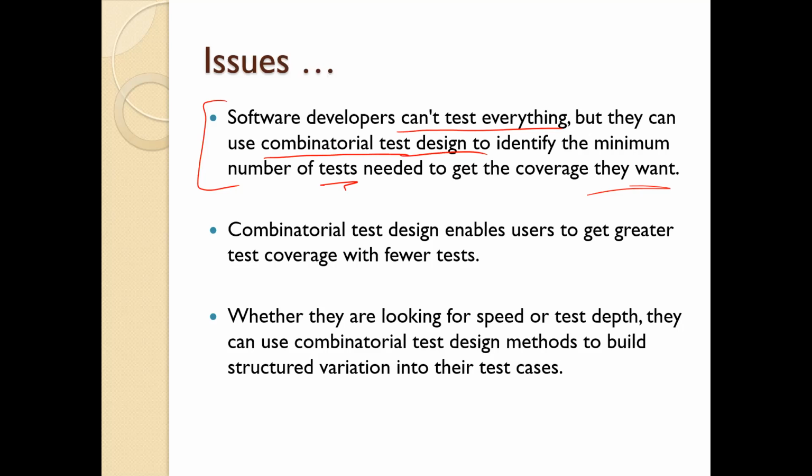That's similar here. You don't have to test everything, but because you're doing it randomly, with a combination of things, you can start to trust your software a little bit more. So the goal is to have greater test coverage with fewer tests.